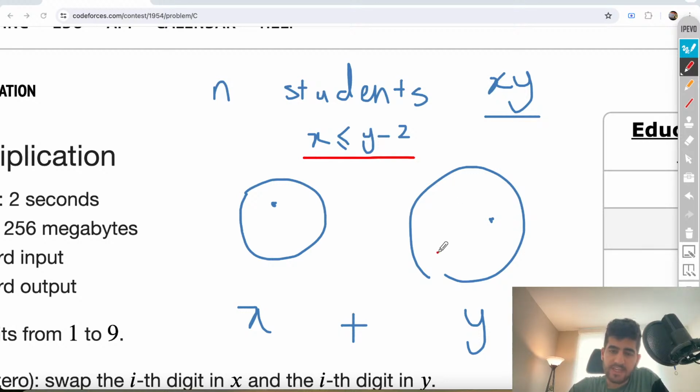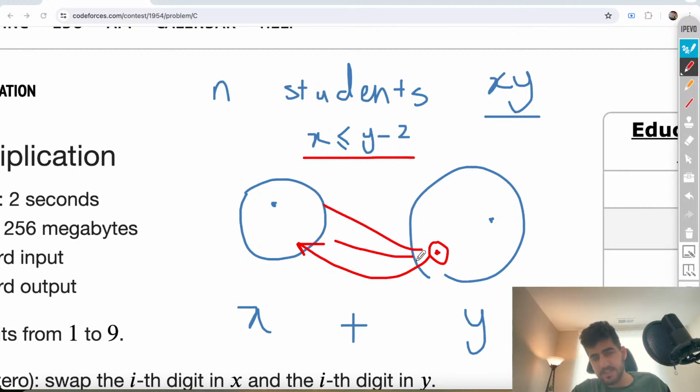we can just move one person from this group to the other group. Then he will no longer hate those people, so those pairs will be removed, but instead new pairs will be made. He will hate all the people in this group.